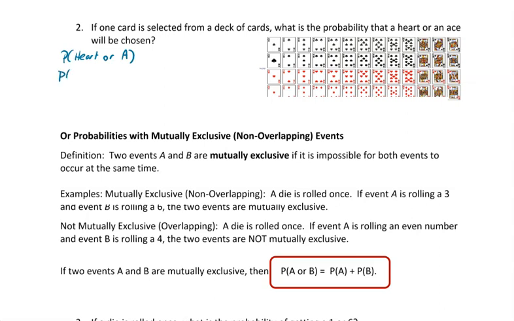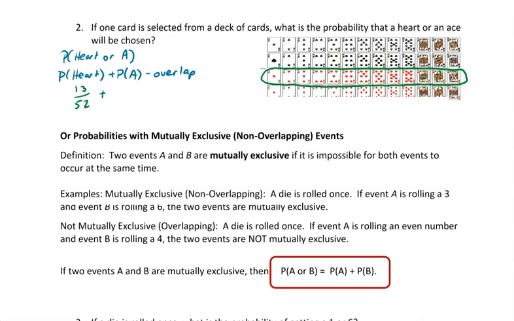So that's going to be the probability of getting a heart plus the probability of getting an ace minus the overlap. So let's do these separately first, and then we'll talk about the overlap. So probability of getting a heart. Well, there are 13 hearts. There are these 13 right here. So that is 13 out of 52.